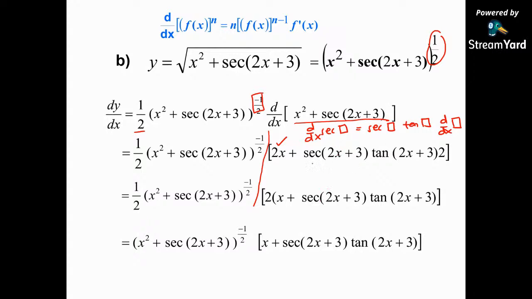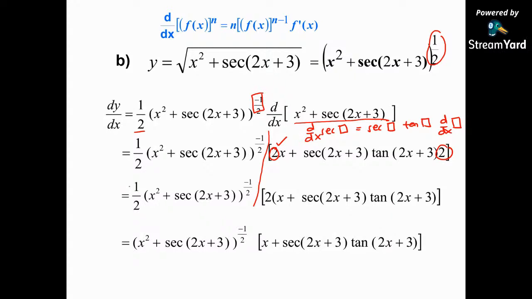Okay, so it will become sec 2x plus 3, tan 2x plus 3, differentiating 2x plus 3. That is how you end up with a 2. And then we factorize the 2 outside because we can see a 2 here, a 2 there. So we are going to get x plus sec 2x plus 3 tan 2x plus 3.